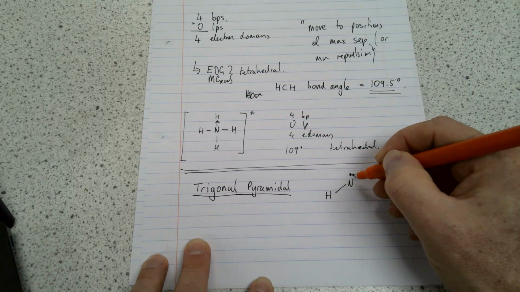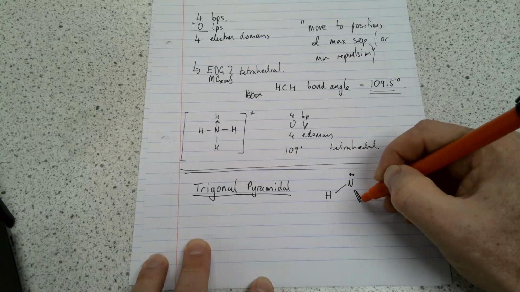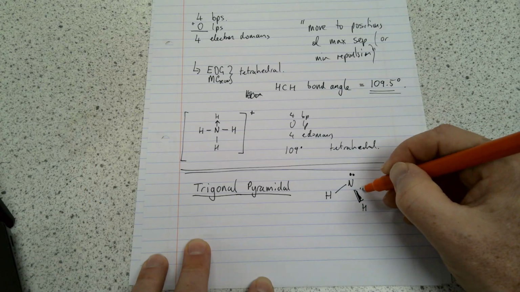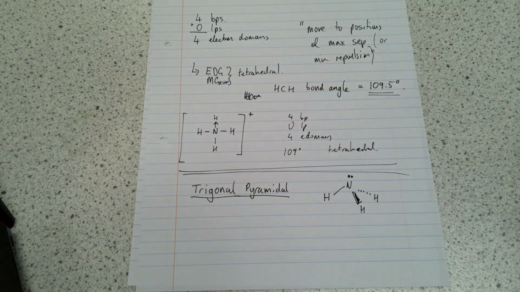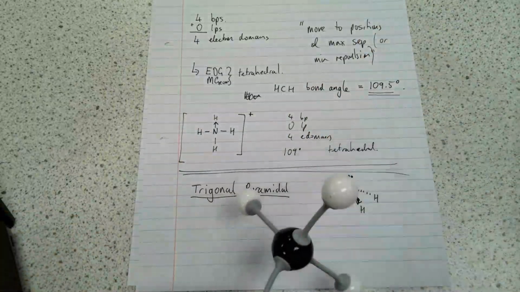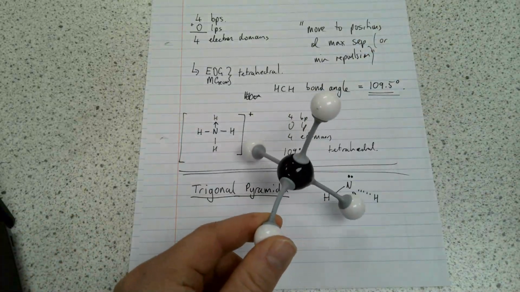And it's going to end up looking like that. And if I take my model, although, where's it gone? There we go. And it looks a lot like this, which is methane, the tetrahedral structure.